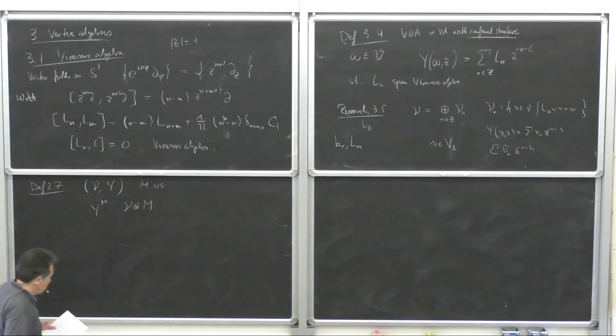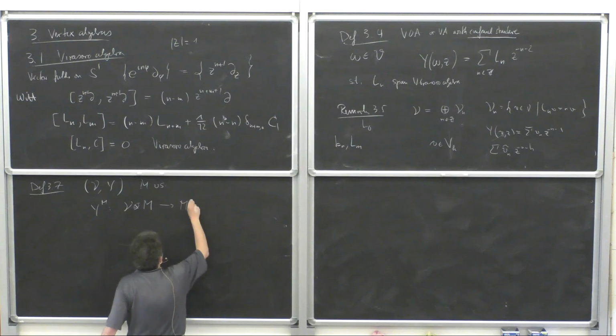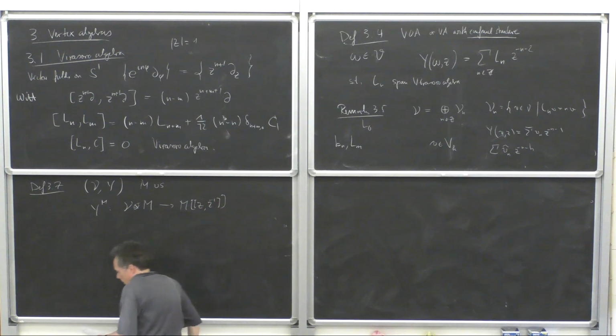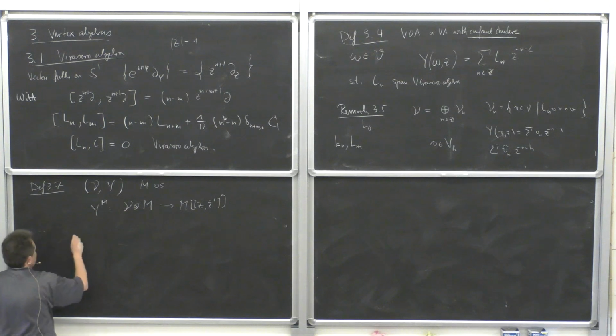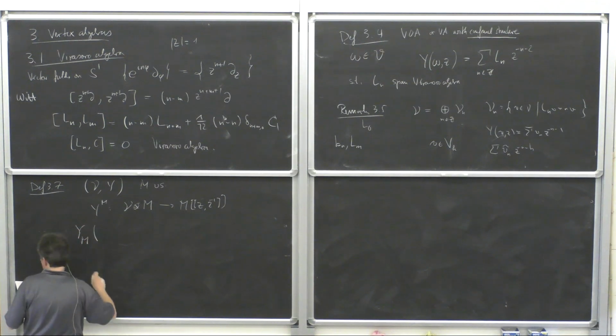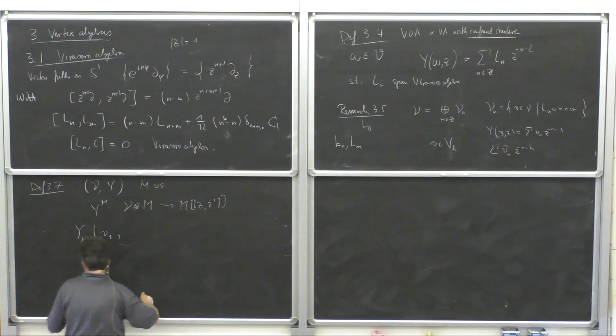Again, I drop the requirement of a grading, into M z to the minus 1. And it has to obey a couple of relations, but in particular, it has to obey a relation you expect for a representation.